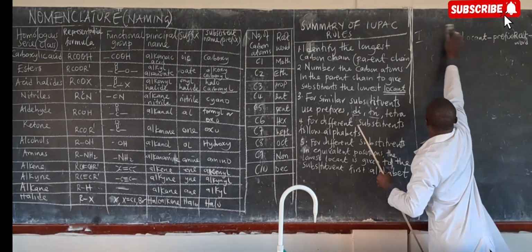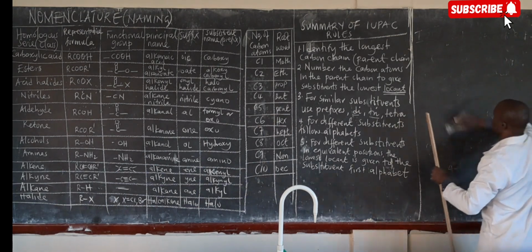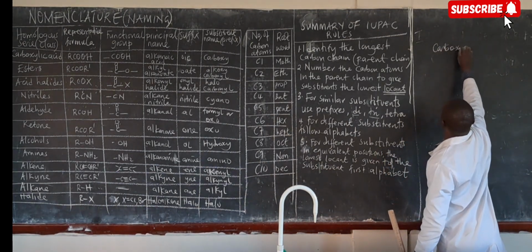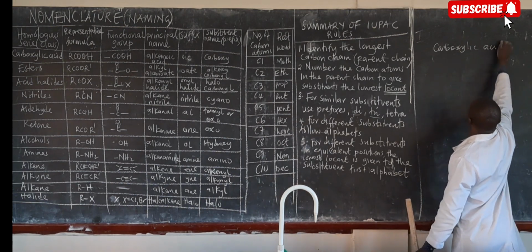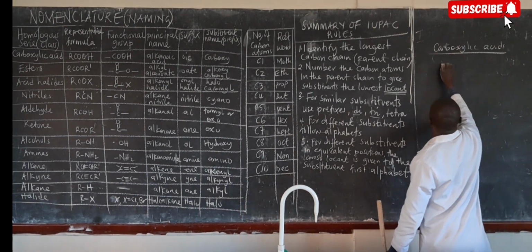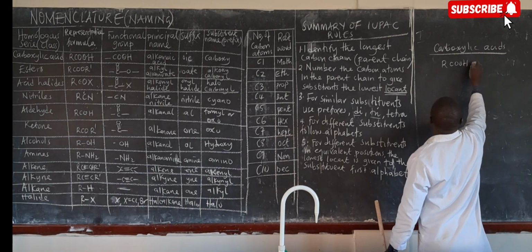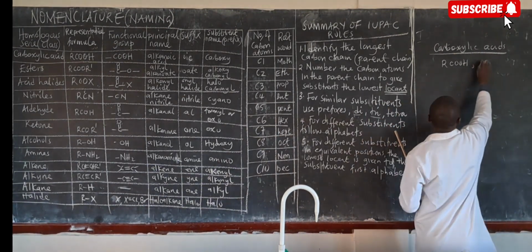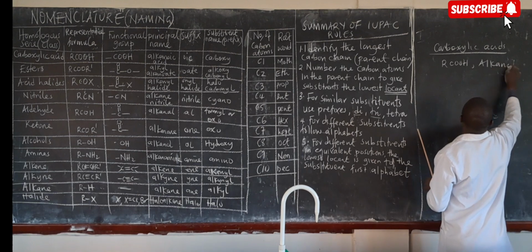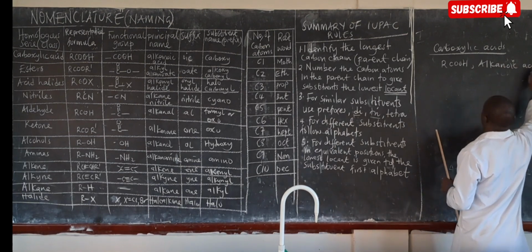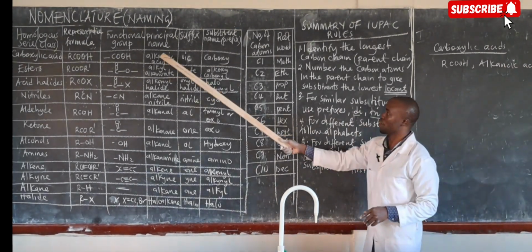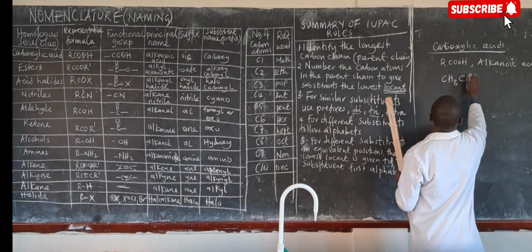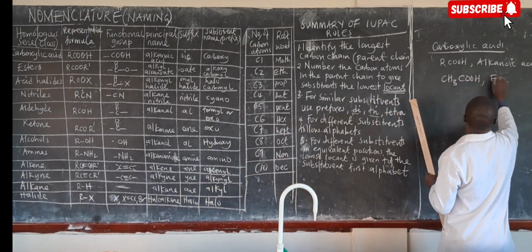Now let's dive into carboxylic acids. Carboxylic acids have this representative formula. They are called alkanoic acids; alkanoic acid is the principal name. So if you have something like this, you call it ethanoic acid.